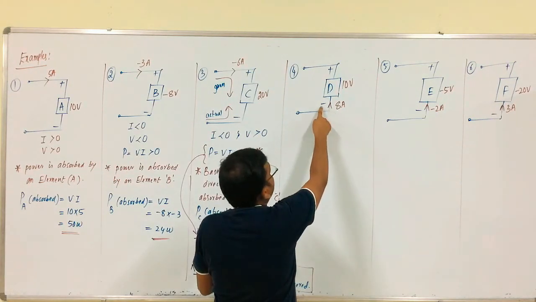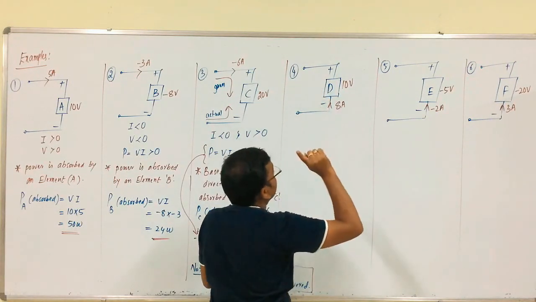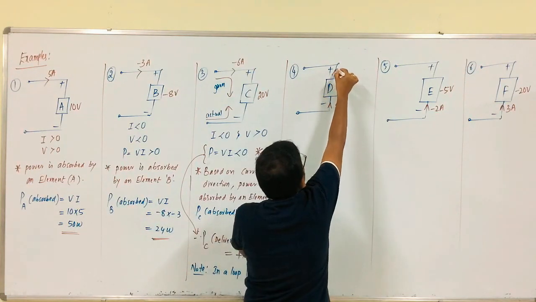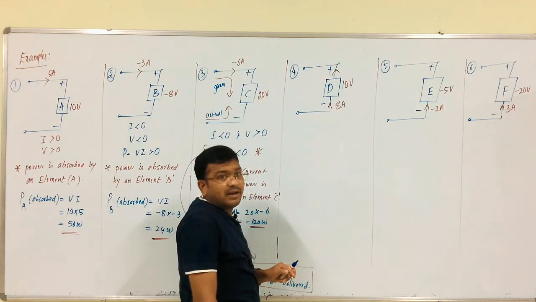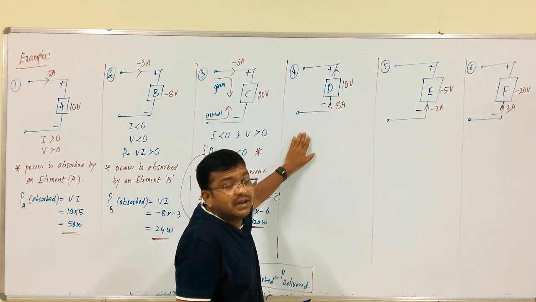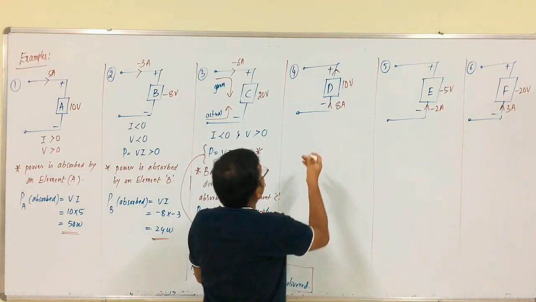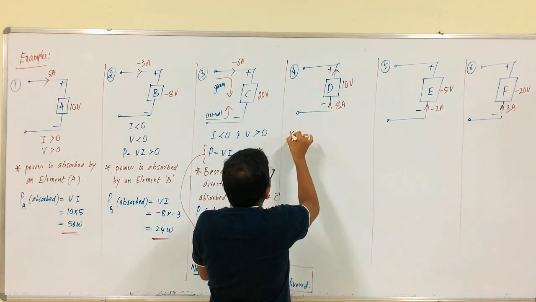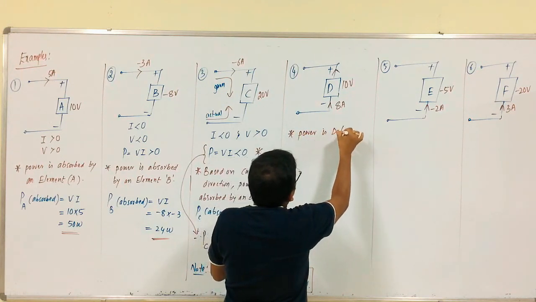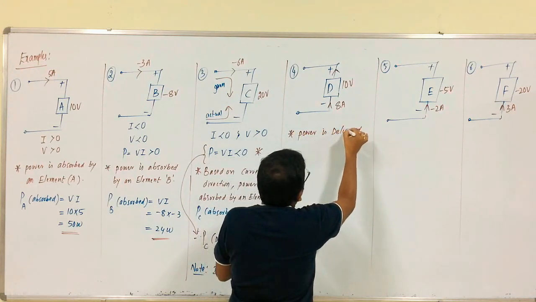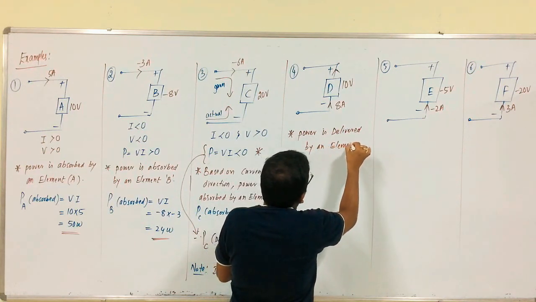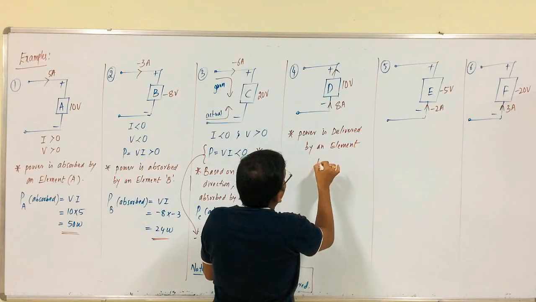The current is entering the negative terminal of an element D. Means what? The current is leaving from this positive terminal, right? So, what is the observation here? Power is delivered by an element D, right?